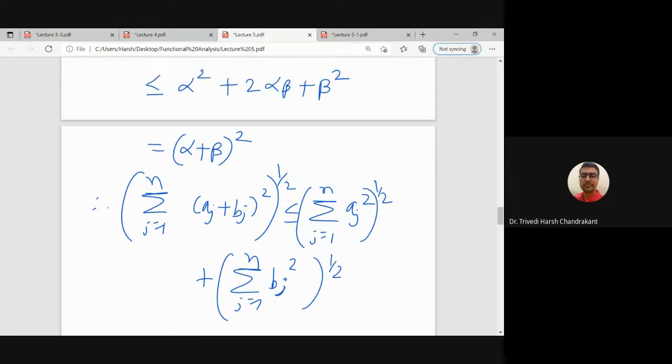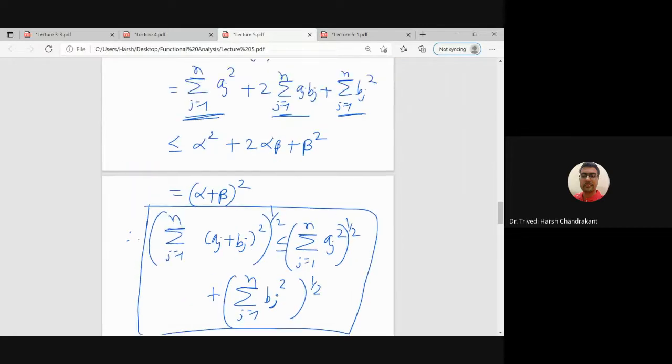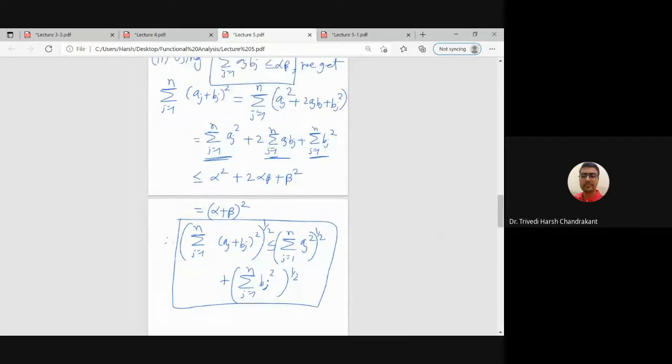So this is the Minkowski inequality. The left hand side square root is less than or equal to alpha plus beta, where this is alpha and this is beta.